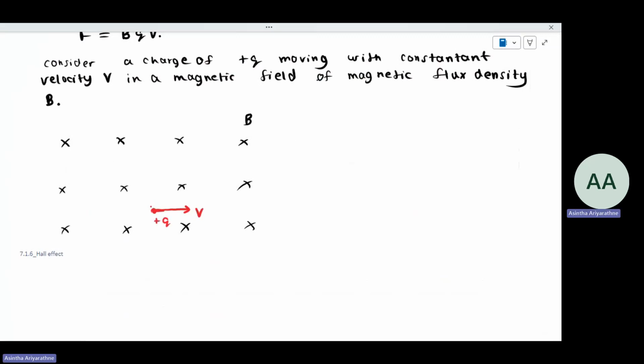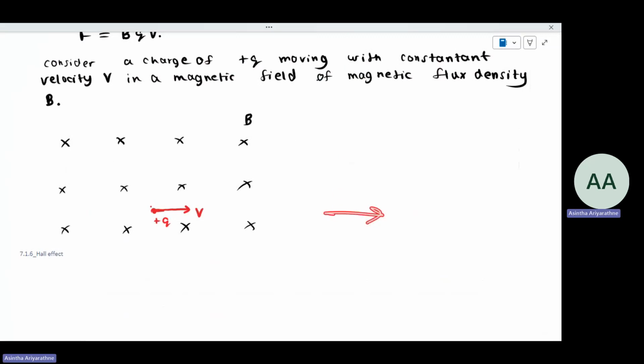And from the left hand rule, you point your forefinger towards the direction of the magnetic field and your middle finger towards the direction of current, which is towards right.